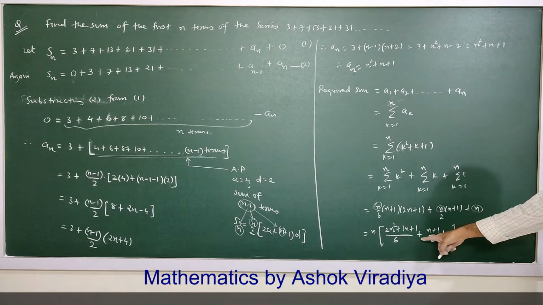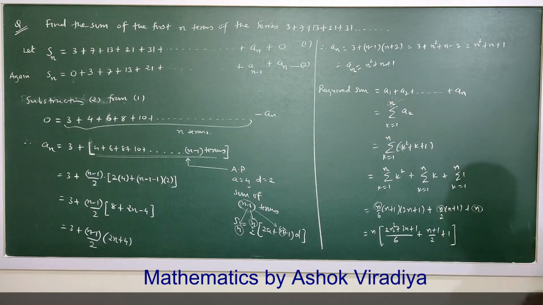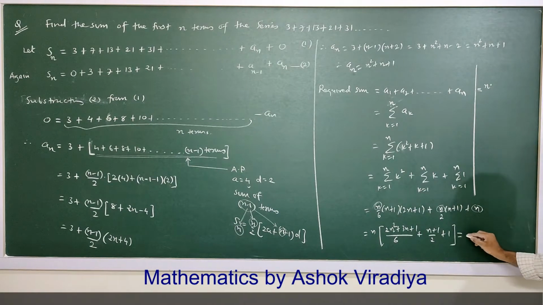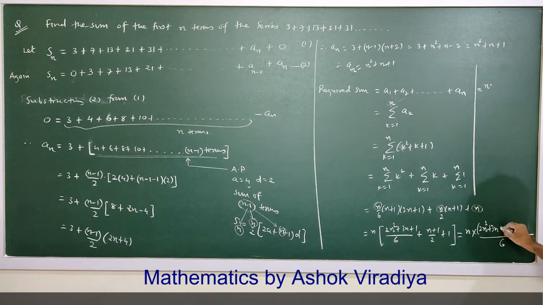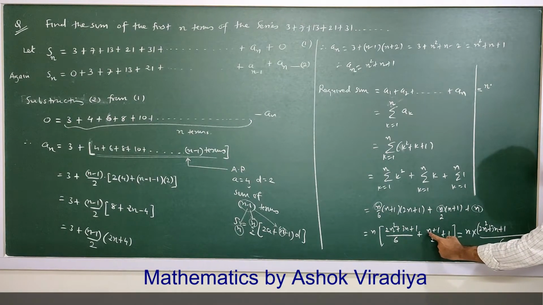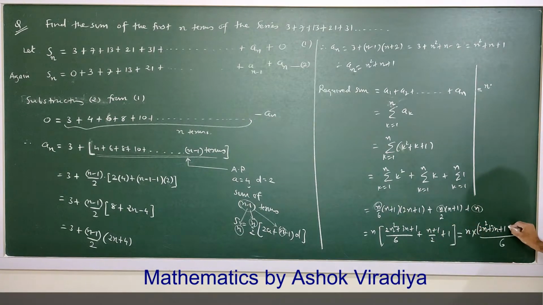So again here 6 is LCM. So continuing here, this is equal to n into 6 is LCM. So 2n square plus 3n plus 1, 3n, now multiplying this by 3, 3n plus 3, plus 6.